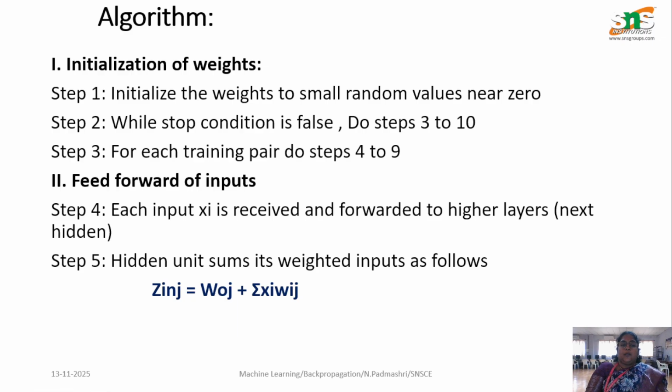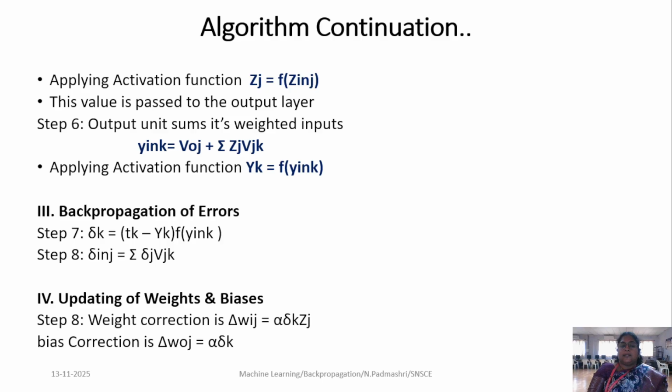This is the general artificial neural network equation: bias plus the summation of input into weight, which gives the output of one layer, Zinj. This layer's output we take as an input to the next layer.